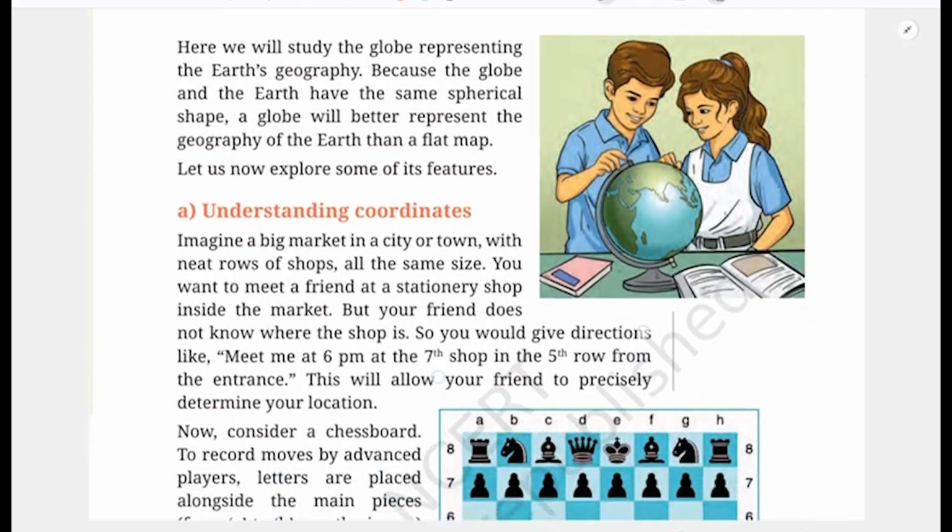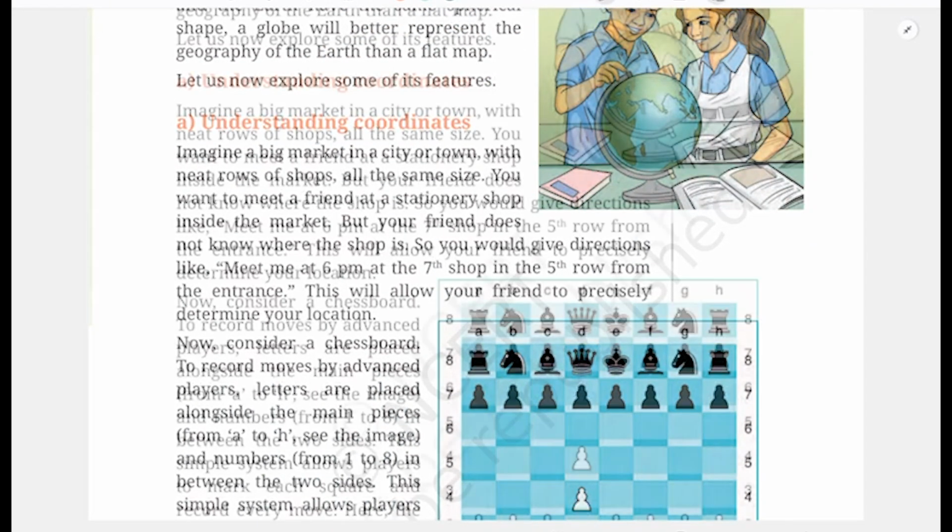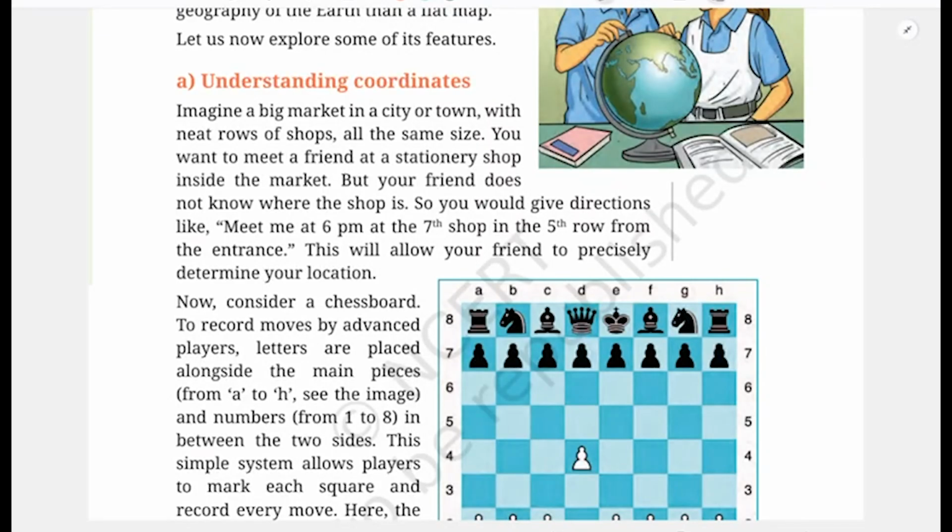Now we'll understand coordinates. We can understand coordinates with the following examples. Imagine a big market in a city or any other place with neat rows of shops, all of the same size.